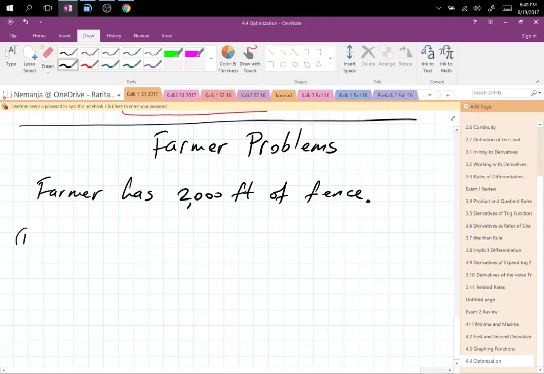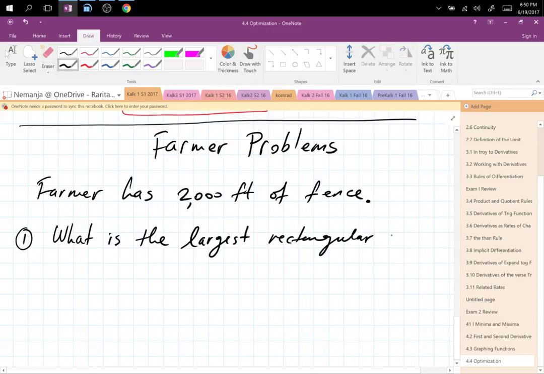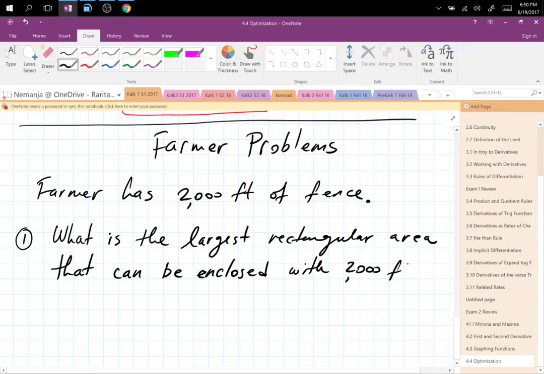Let's go with problem number 1. What is the largest rectangular area that can be enclosed with 2,000 feet of fence?